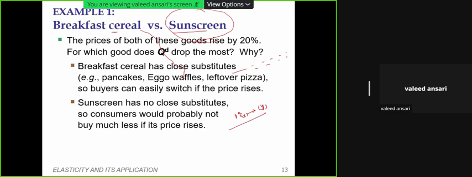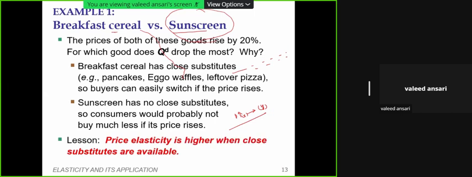So the greater the availability of substitutes, the more elastic will be the demand. So this is one. If there is no possibility of substitution, then the consumer will continue to buy despite the fact that prices may have gone up.